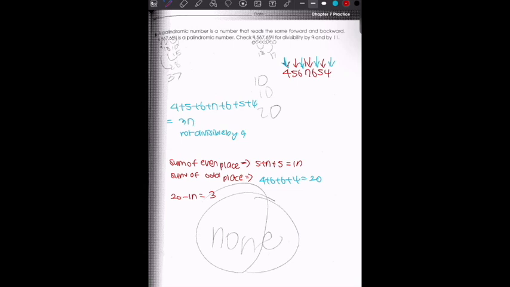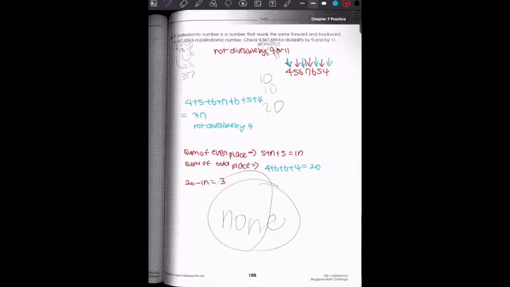And 3 is not 0, and it's also not a multiple of 11. So this number is not divisible by 9 or 11.